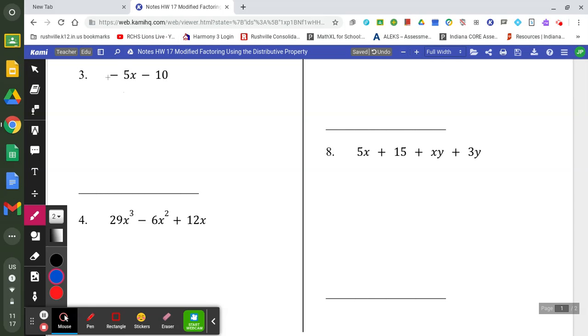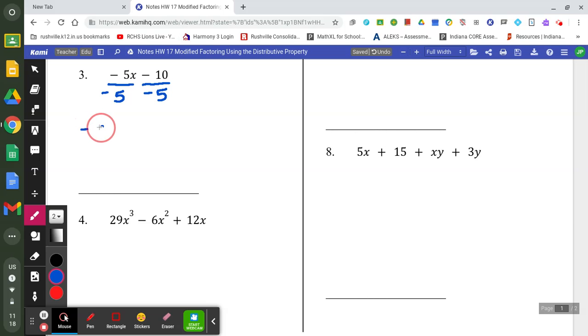Now on number 3, because I have a negative sign right here and a negative sign here, my greatest common factor is negative. So negative 5 divides evenly out of negative 5, and negative 5 divides evenly out of negative 10. And I can't use an x because this term has an x, but this term does not.